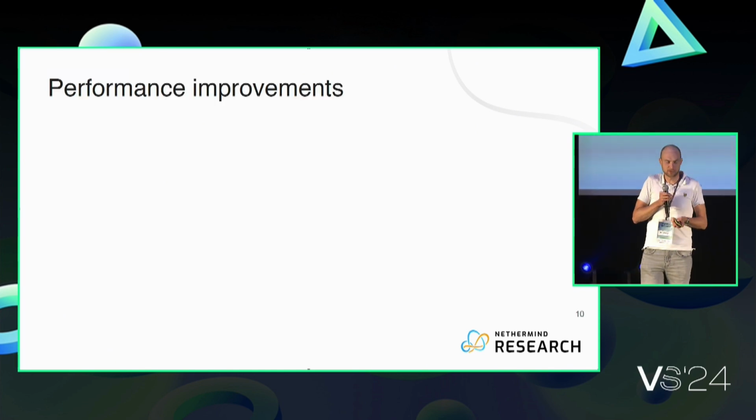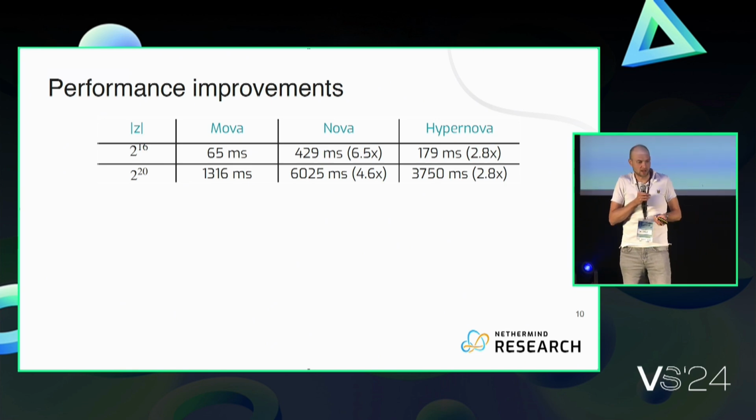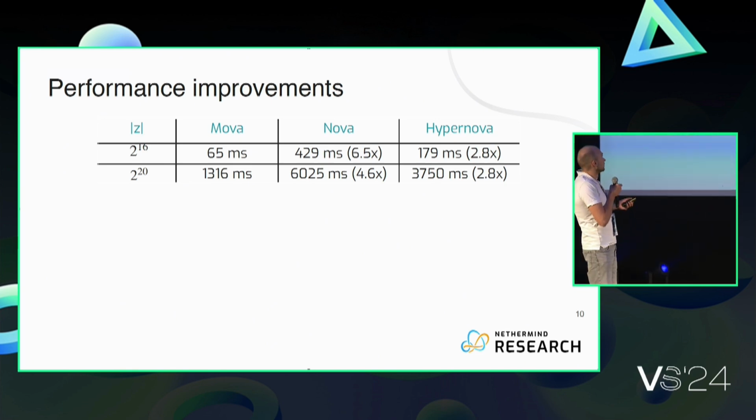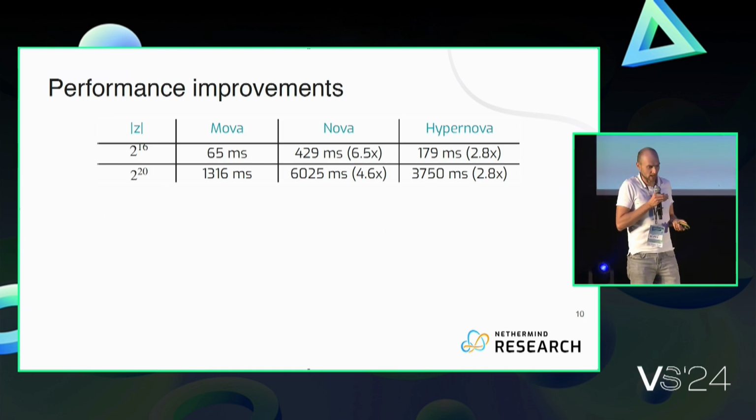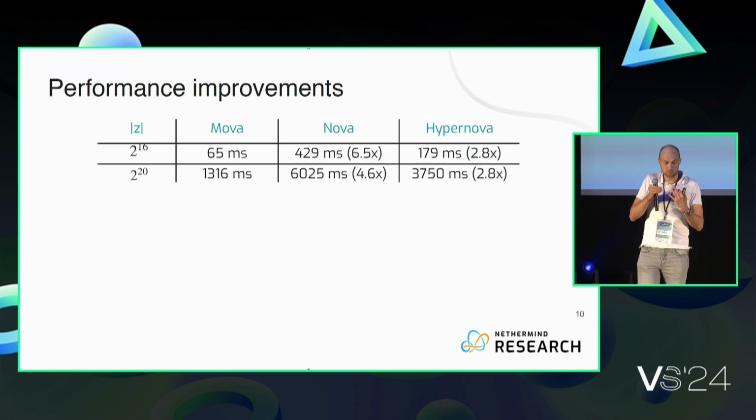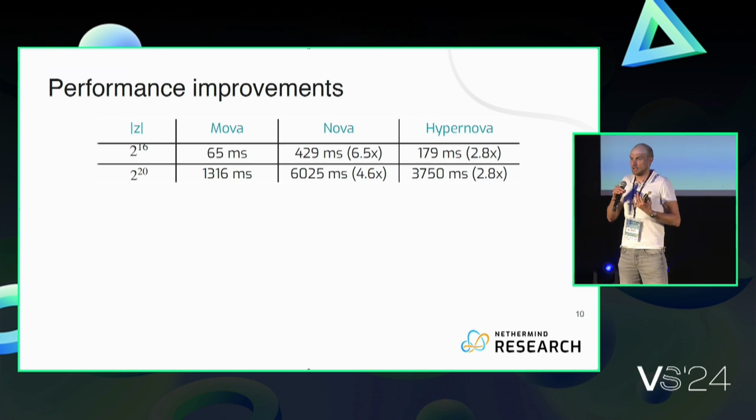Okay, so regarding performance improvements, compared to Nova, we observed over 6-times improvement for instances of size 2^16. For 2^20, the improvement is a bit smaller.